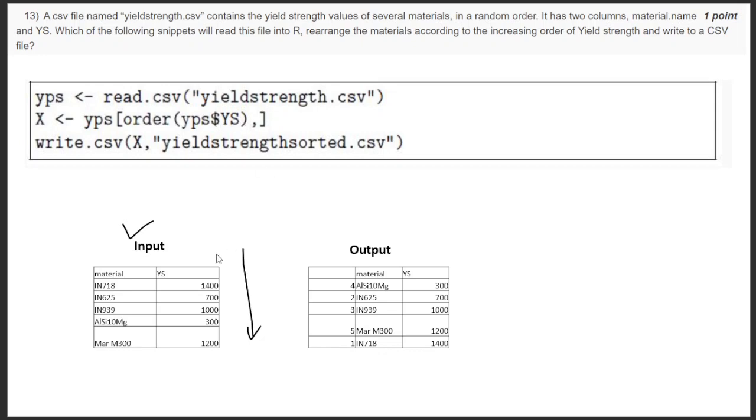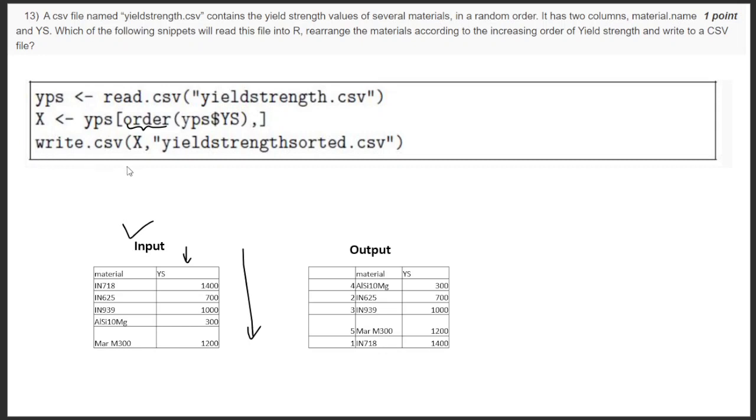We are just taking the yield strength column, meaning an instant vector value, and we are ordering it. By default it will do increasing order. We can also define increasing or decreasing order by extending the syntax. So here it is ordering in ascending.